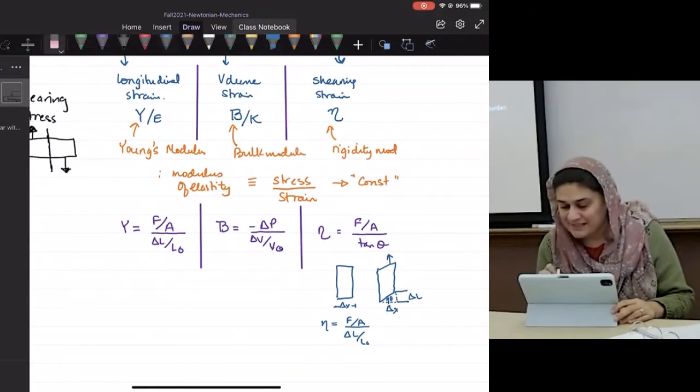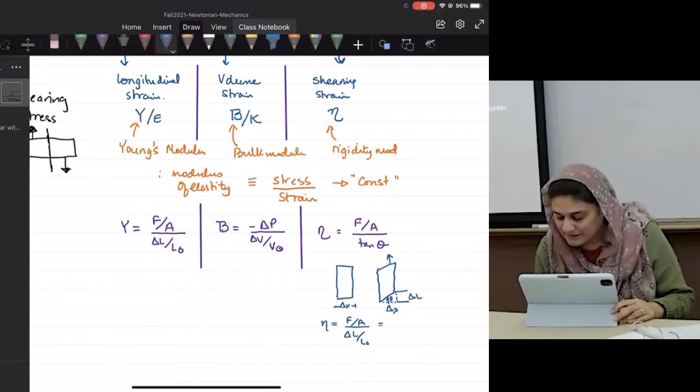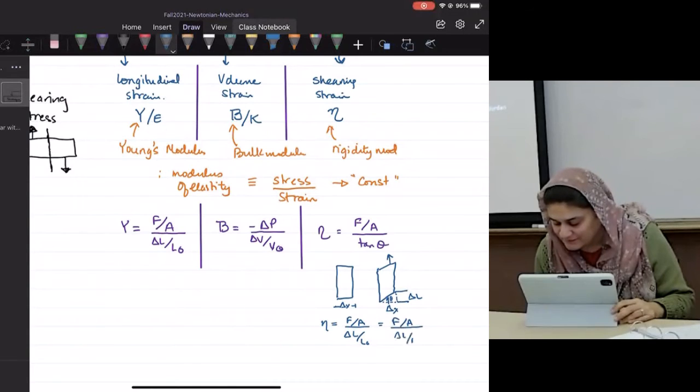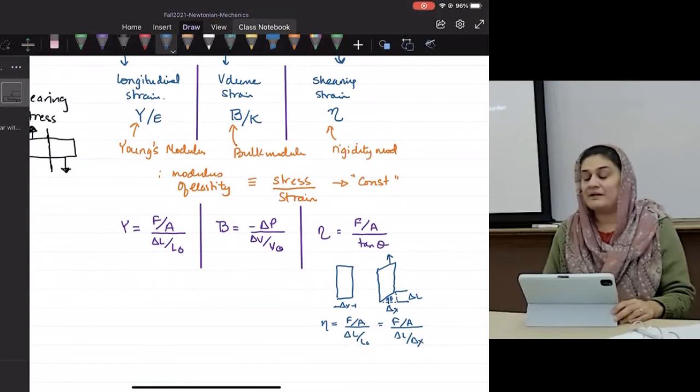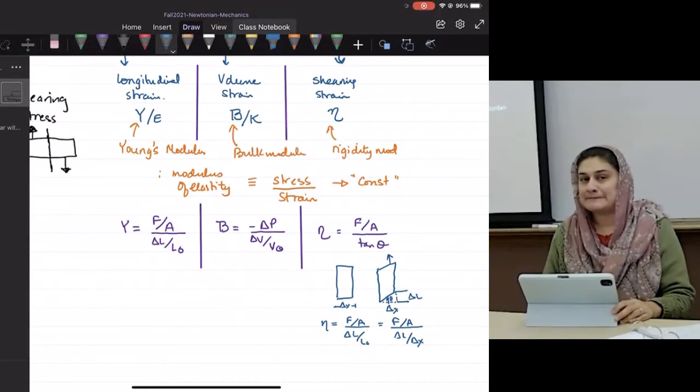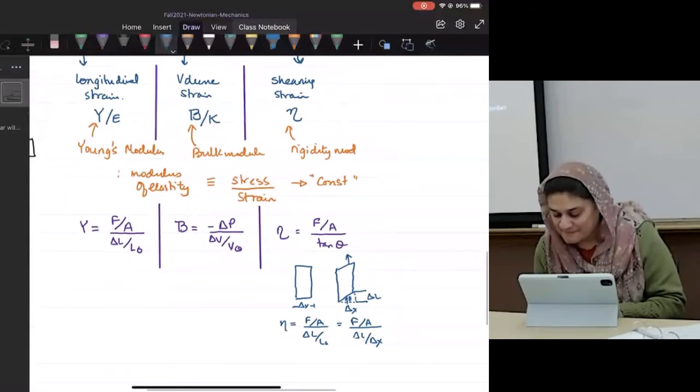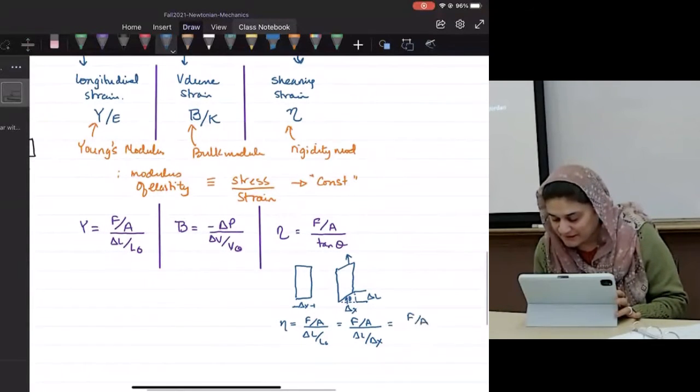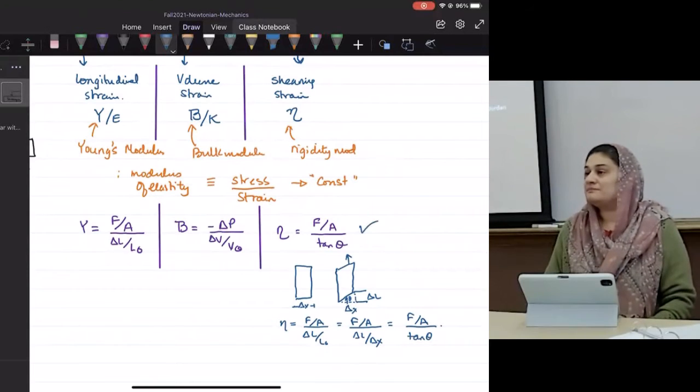So can I write this as F over A divided by delta L over delta X? What is delta L over delta X in terms of theta? There we go. So this is actually F over A divided by tangent of theta. That's where this comes from. Got it?